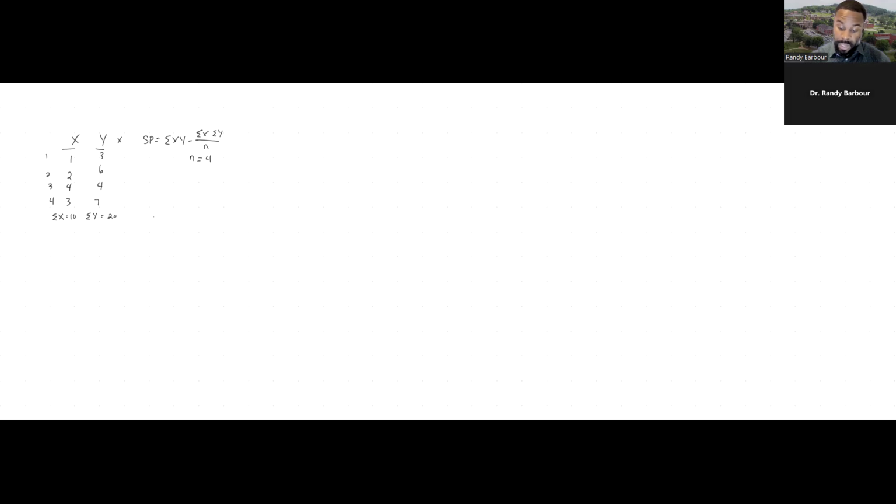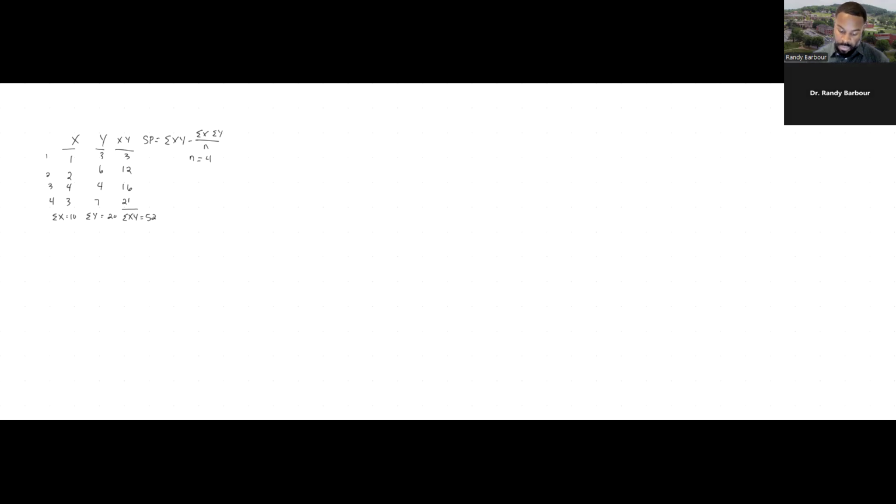So we have to multiply 1 times 3 is 3, 2 times 6 is 12, 4 times 4 is 16, 3 times 7 is 21. And to get the sum of our x, y, that should be 52. All right. So it looks like we have everything that we need. We have our sum of x, y, our sum of x, our sum of y, and we have our n value.